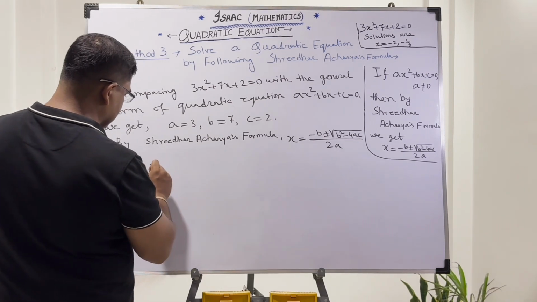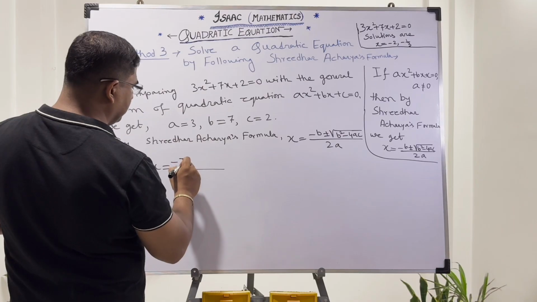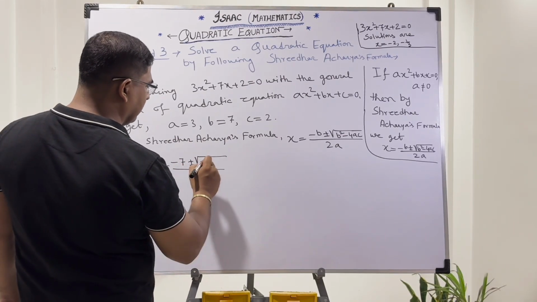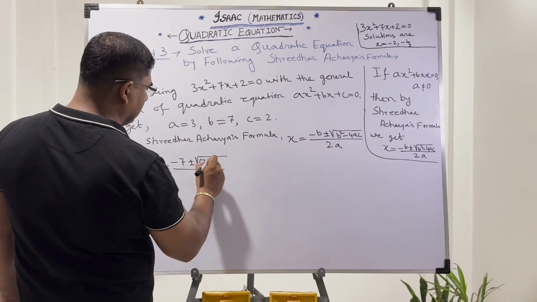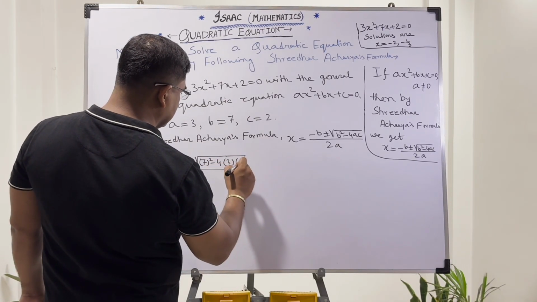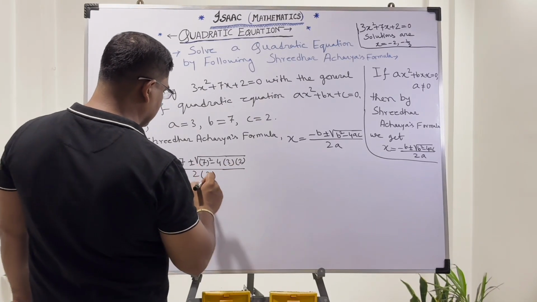We get x equals to minus 7 plus minus root over of 7 squared minus 4 into 3 into 2 whole divided by 2 into 3.